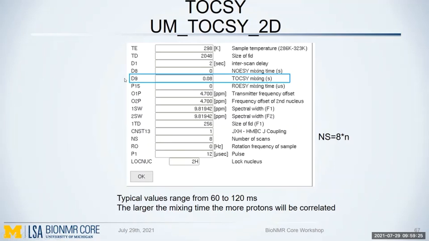One way to test if your mixing time is good is to just run a series of TOCSY experiments with different mixing times. You can start with 60 milliseconds and slowly increase the TOCSY mixing time. And then in your spectrum, you can see if you observe more peaks in your TOCSY spectra. So generally 80 milliseconds is good for most of your samples.